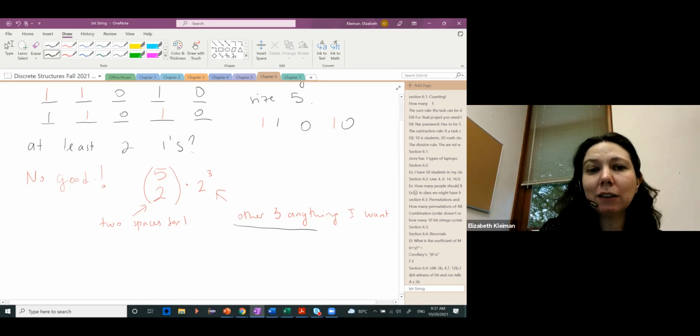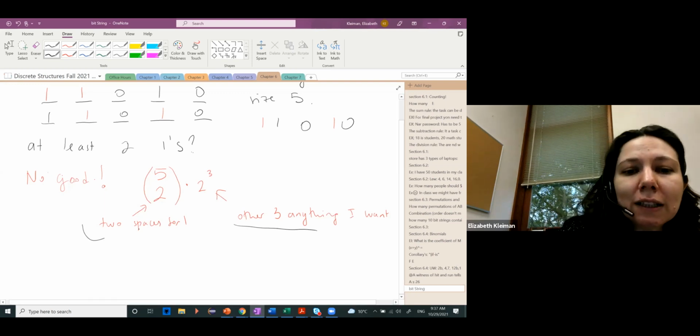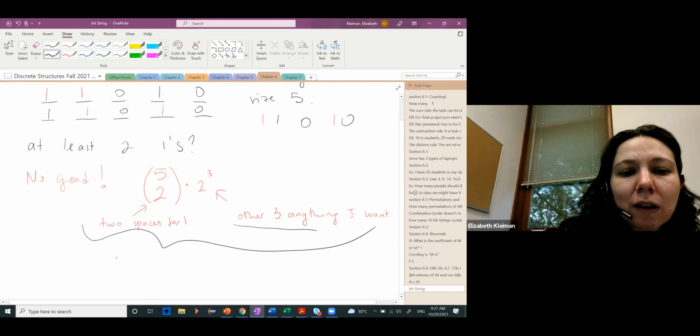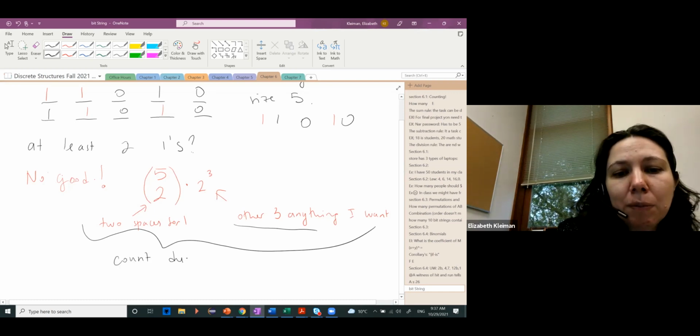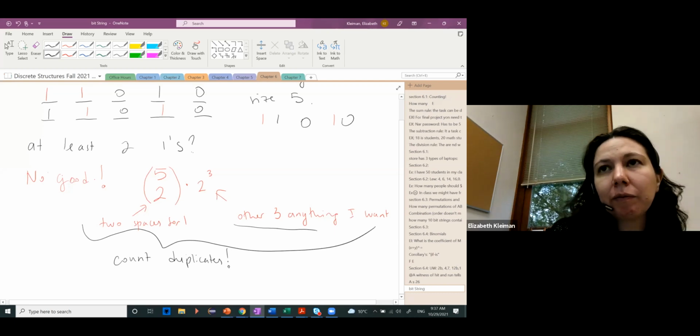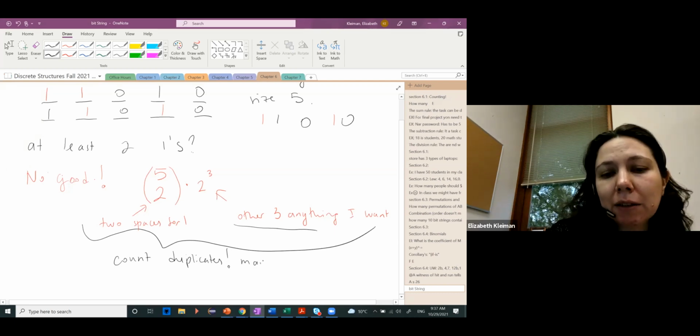So guess what? This combination is counted many, many times, correct? So this counts duplicates many times. Really wrong.